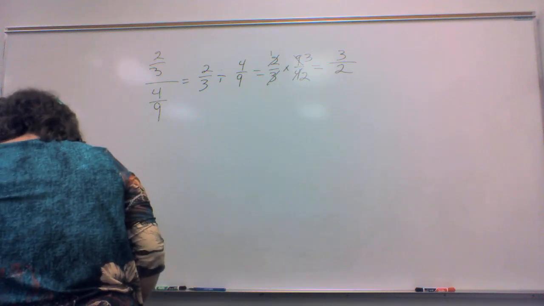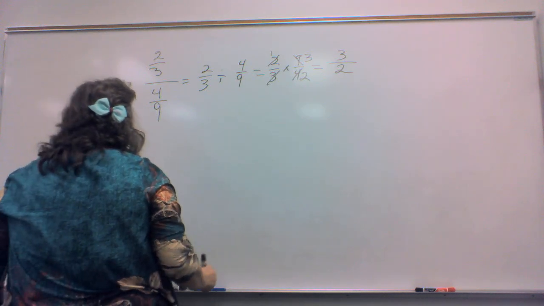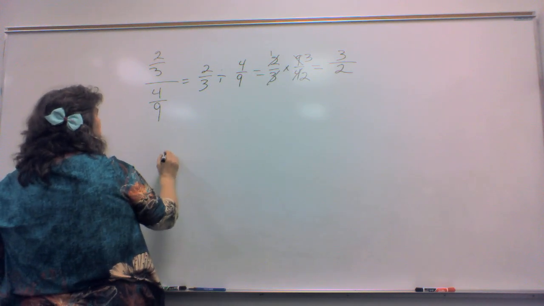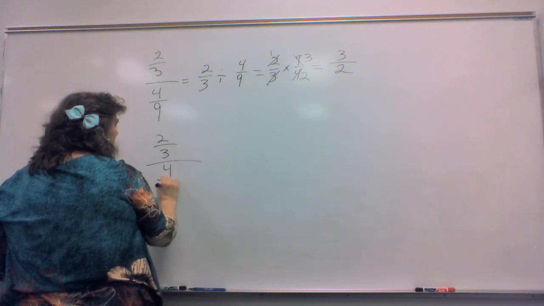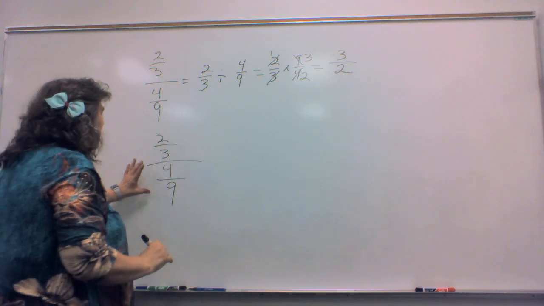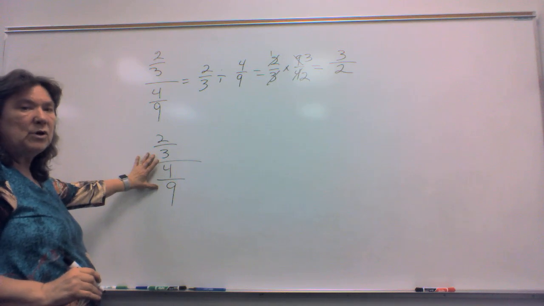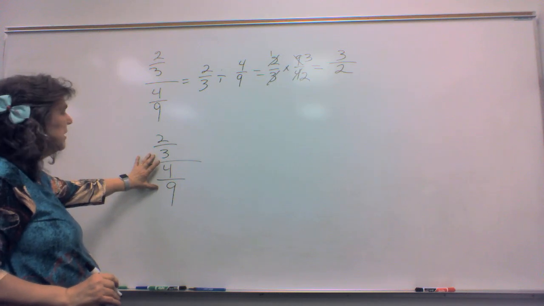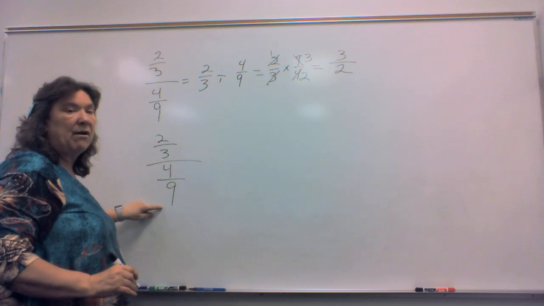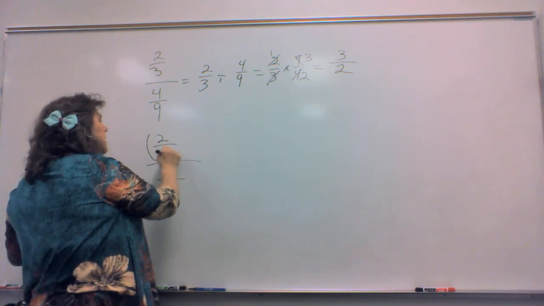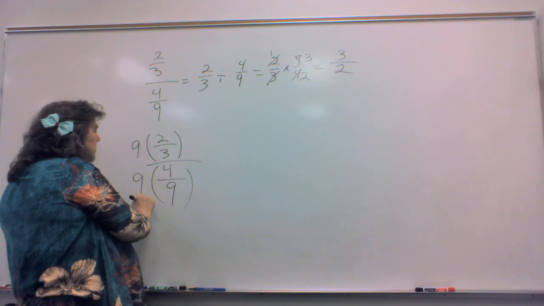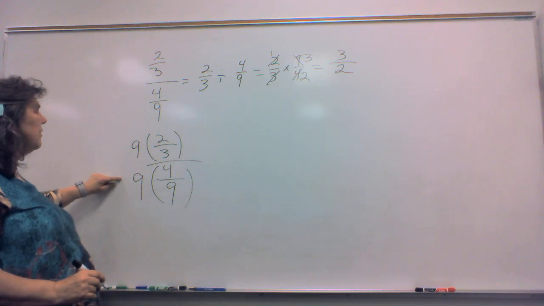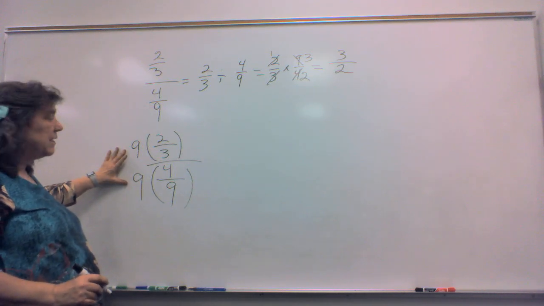That's one method. The other method would be to multiply my numerator and my denominator by the lowest common multiple, or the lowest common denominator, which in this case, 3 and 9. My lowest common denominator is 9. And because I'm doing the same to the numerator and the denominator, that equals 1, so I can do that.